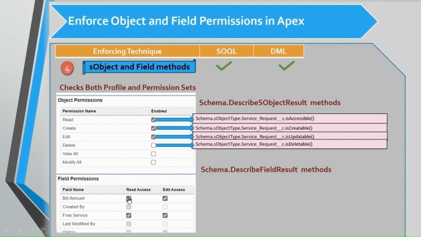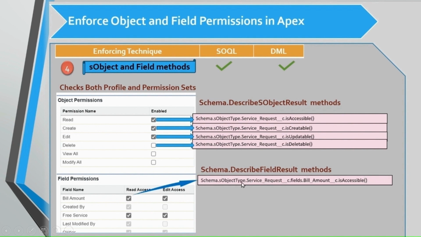In the same way, if we need to check for the read access of any particular field, we can make use of Schema.sObjectType.that particular object.fields.that field, whichever field you wanted to check. In this case, on the service request object, we want to check the bill amount field whether it is accessible or not.